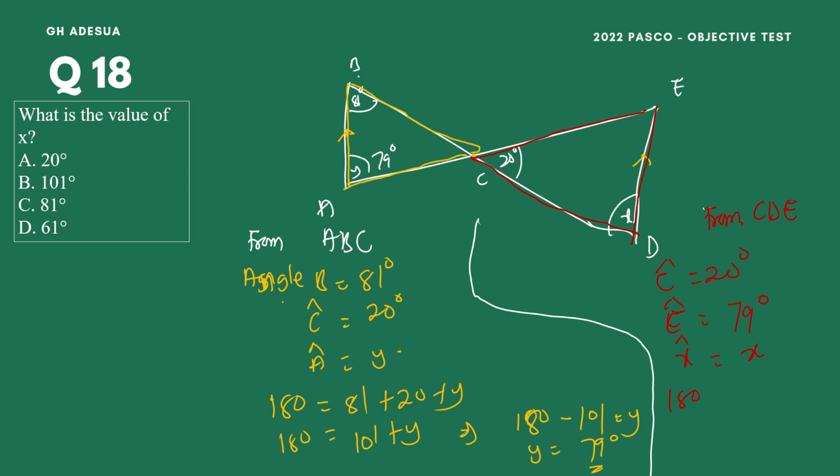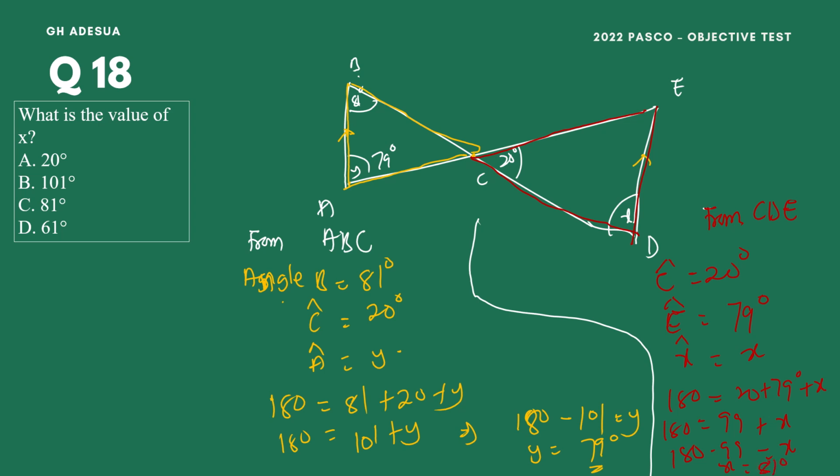We have 180 equals 20 plus 79 degrees plus X. So 79 plus 20 gives us 99, plus X. If we group like terms, we have 180 minus 99 equals X. So when we do the subtraction, we are going to get X being 81 degrees.